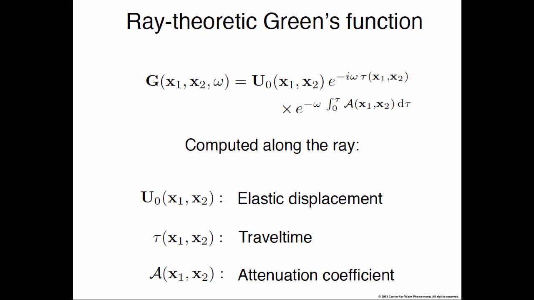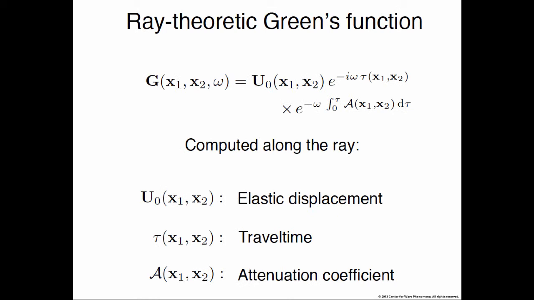So we compute u0 and travel time in a reference elastic media. That means given a model that is attenuated, we remove the attenuation terms, have this reference elastic media, and we do ray tracing in this media and compute u0 and the travel time. And the attenuation coefficient is computed using ray perturbation theory, which was what I presented last year.